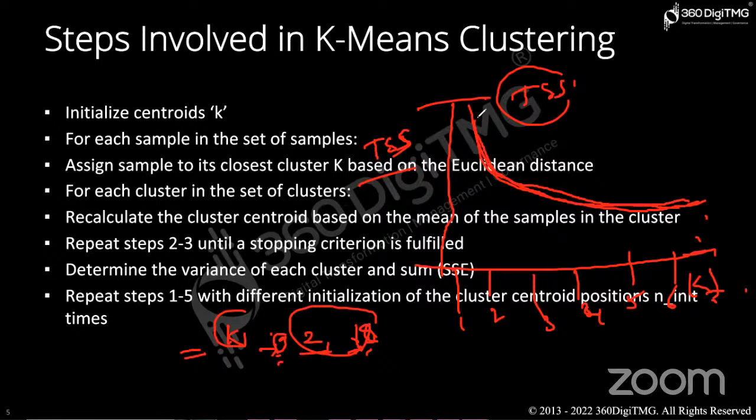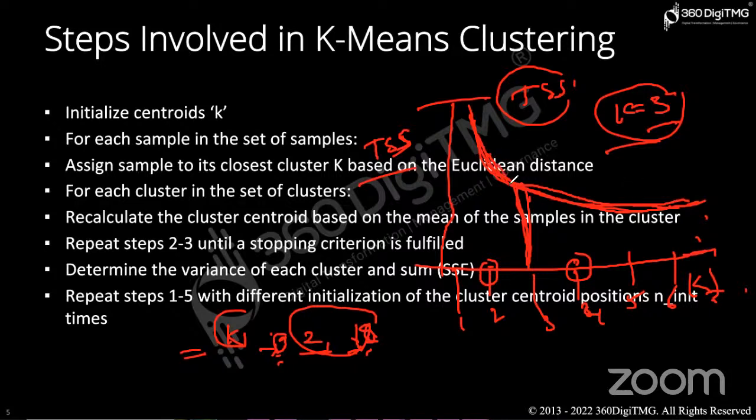In that case, wherever you are getting the elbow, let's say here, just take that cluster and the ones nearby. Let's say the elbow is at 3, then check 2 and 4.